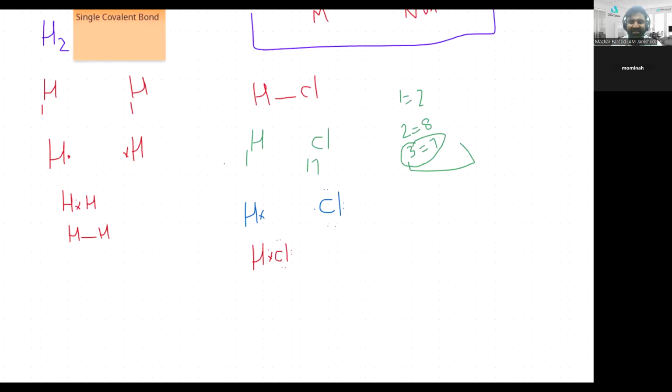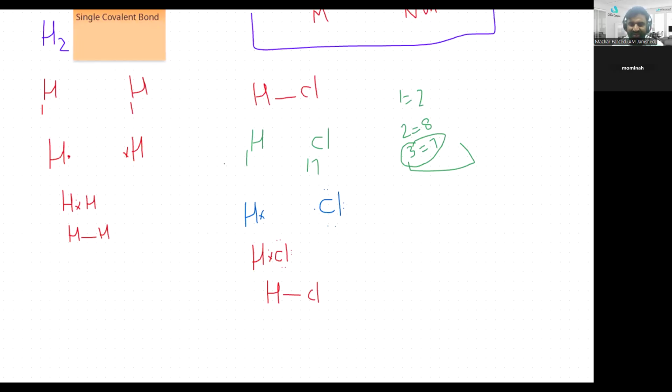When it gets 1 electron from hydrogen, it becomes stable. When hydrogen gets 1 electron from chlorine, it becomes stable. So this bond is represented as HCl. A single bond is formed because 2 electrons participate. When 2 electrons participate, one bond is formed. That is called a single covalent bond.